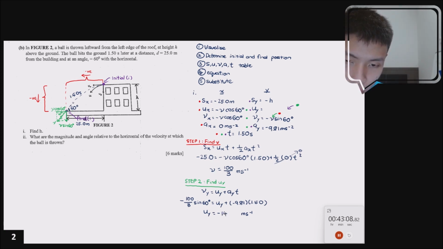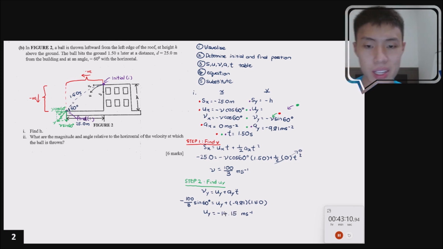Negative 14.15. Let me double check it. I don't want to make a mistake at this point. Okay, seems right. So I get my UY already.